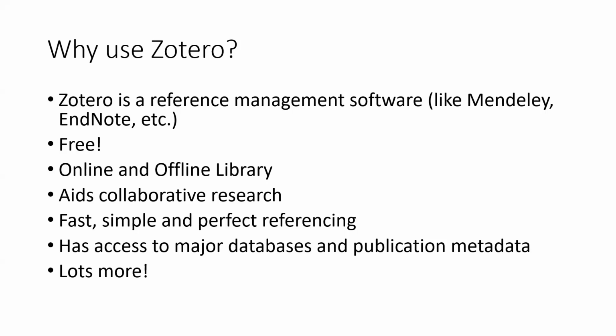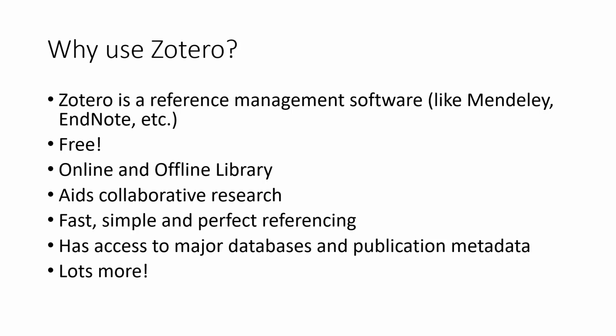Zotero has access to those major databases, and Zotero can naturally extract the metadata, the information about that publication. So if I bring in a publication to Zotero, Zotero can tell me that this is a 2022 publication, and this is the publisher, this is the journal, these are the authors of that journal, and so on. Okay.